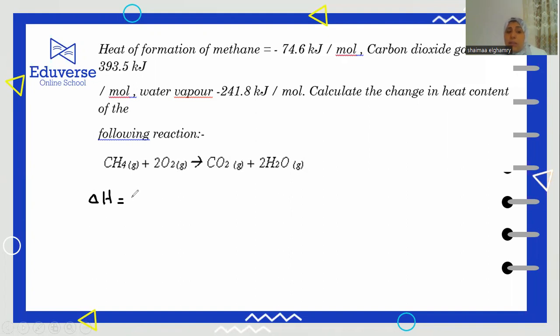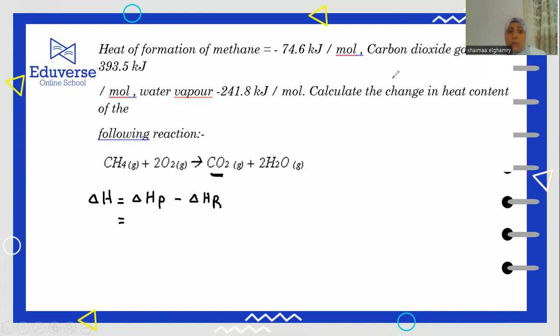So delta H equals delta H of products minus delta H of reactants. Delta H formation for products minus delta H formation of reactants. The product that we have is carbon dioxide. So what is the heat of formation of carbon dioxide gas?